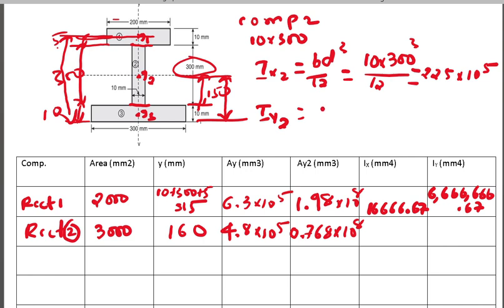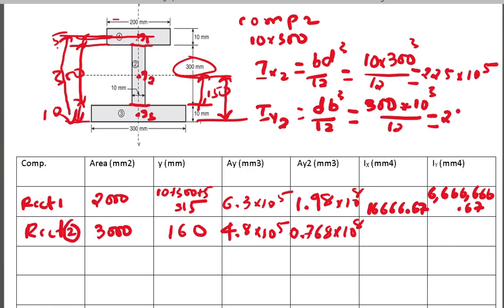For Iy2, what is the formula for Iy? That is db cube divided by 12. What is the depth of component 2? The depth of component 2 is 300, and the width of component 2 is 10. So db cube divided by 12, you will get 25,000.